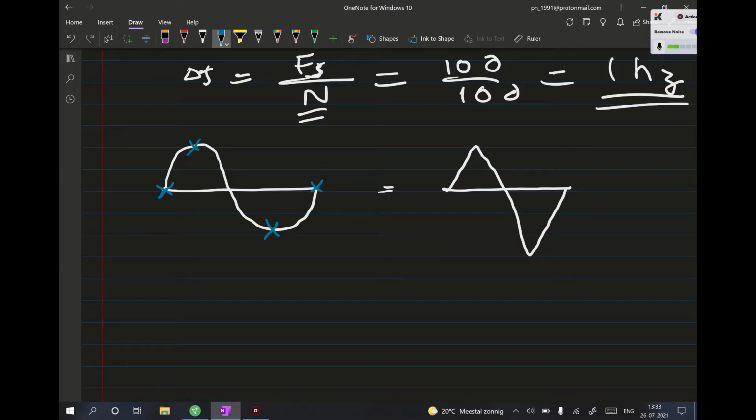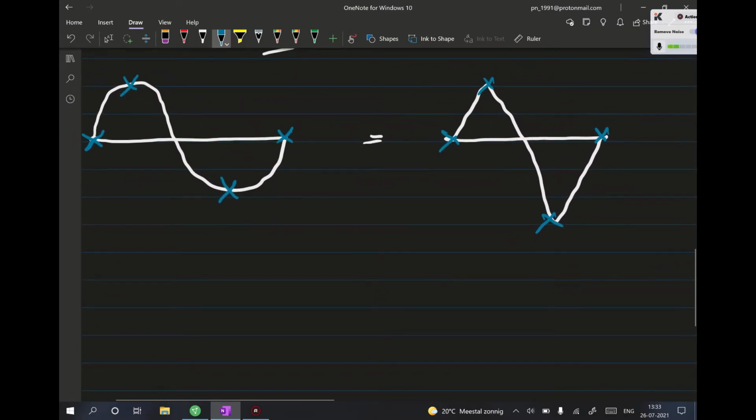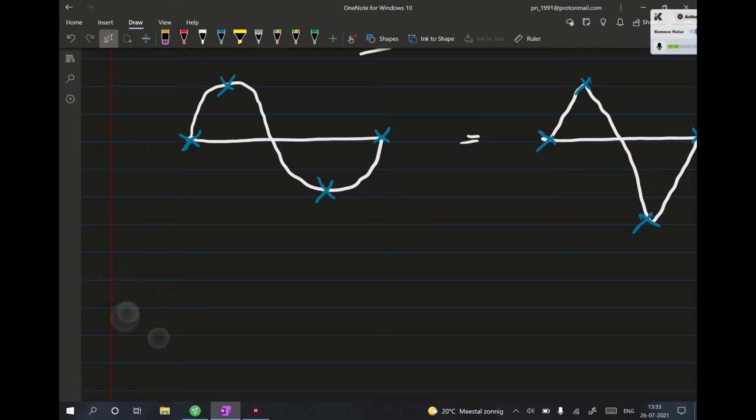Because I have only 4 discrete points. The concept I want to explain is, in order to capture a sine wave, we would need at least 4 points to make it look like a harmonic function. So let's say instead of 4 points, if I tell you to draw the sine wave using only 2 points, is it possible? Let's try to see.